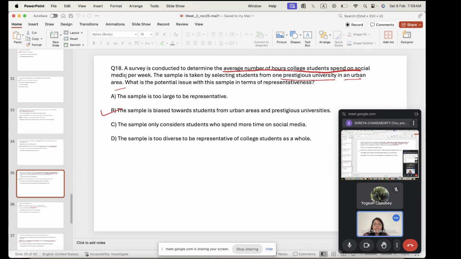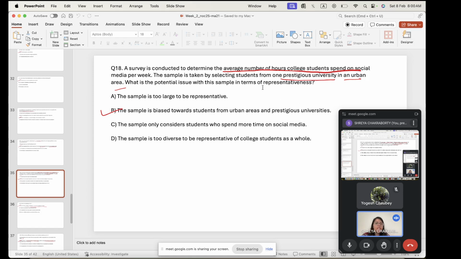Okay, question 18. A survey is conducted to determine average number of hours college students spend on social media per week. And that is the question, average number of hours college students spend. And sample is taken from one prestigious university in an urban area. So this would make the sample a little biased towards students from urban areas and prestigious universities.